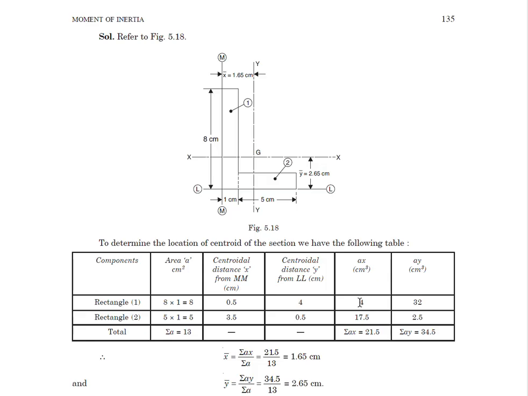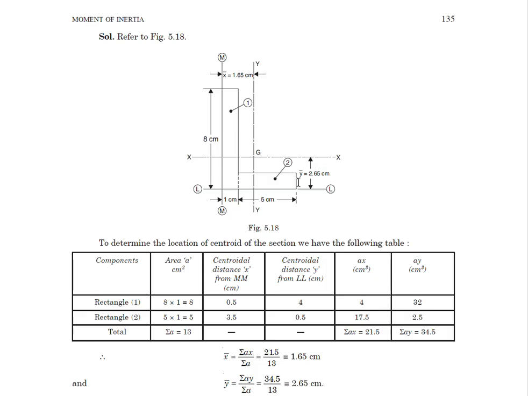That means 8 into 0.5 is 4, and then 8 into 4 is 32. And similarly for the second rectangle, with the length of 5 and height of 1.